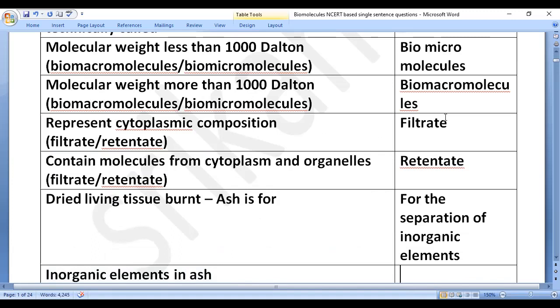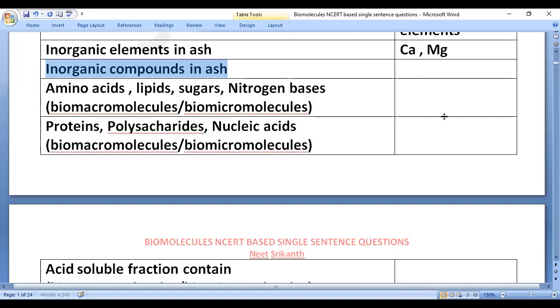Inorganic elements in ash: calcium and magnesium. Inorganic compounds in ash: sulfates and phosphates.